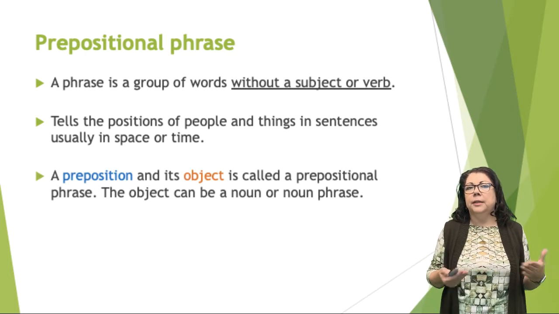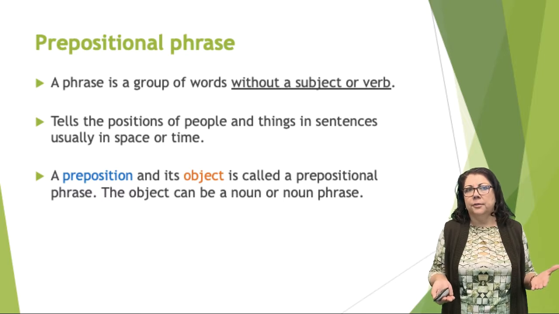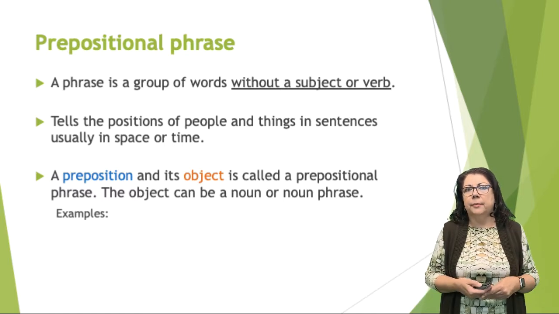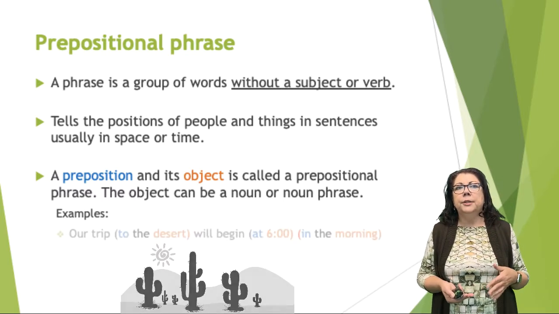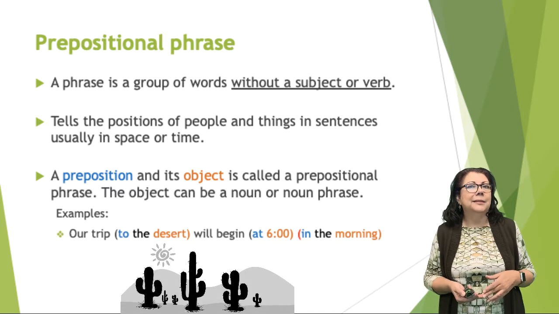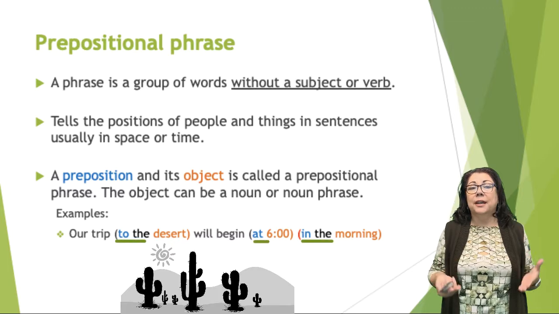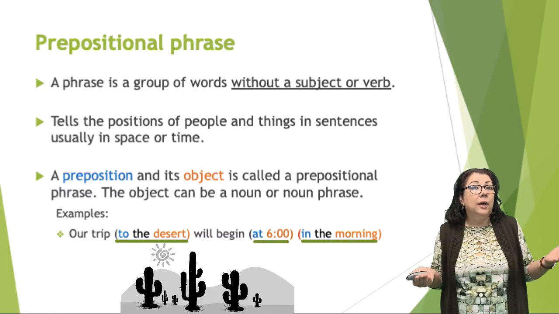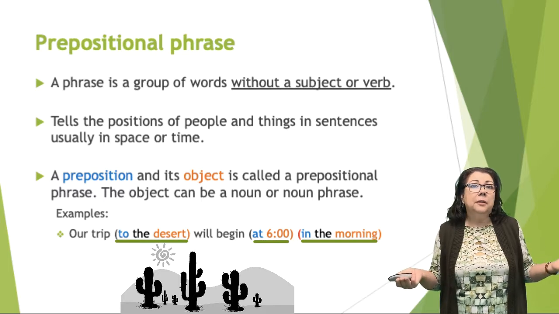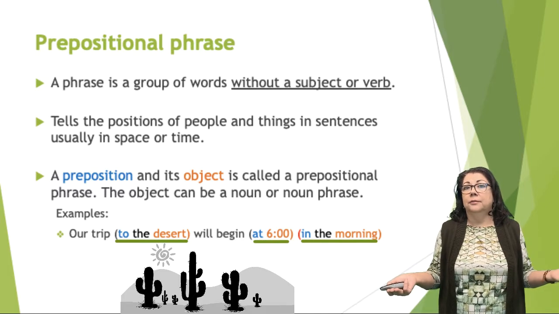The object can be a noun or a noun phrase also. So here's some examples. Our trip to the desert will begin at 6 in the morning. You will notice here that there's several prepositional phrases. So you can have one, you can have none, or you can have several, all right?